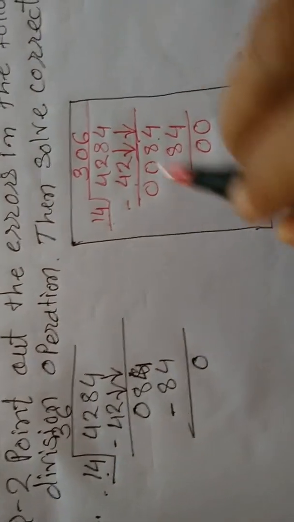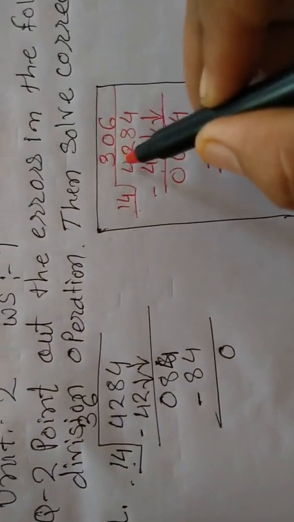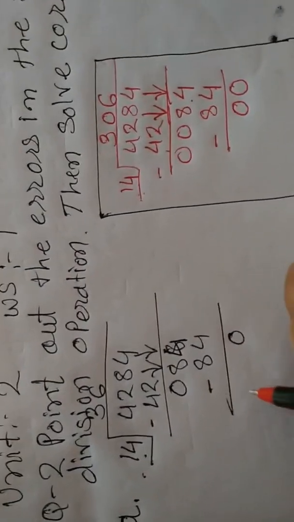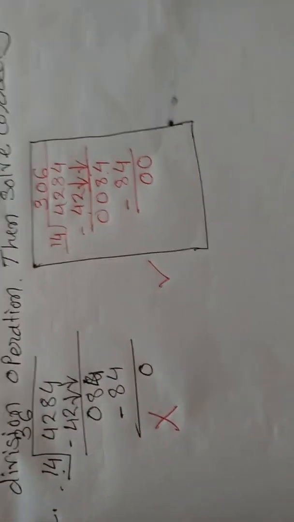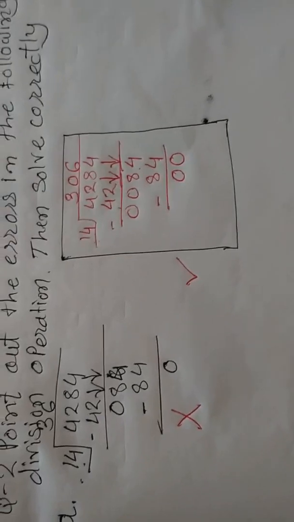So students, our answer is 306, the correct answer. This one is a wrong answer and this one is right. So like that you have to do. Now students, I'll give you 1 minute to complete your work.